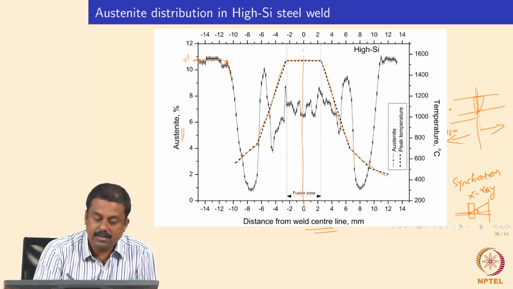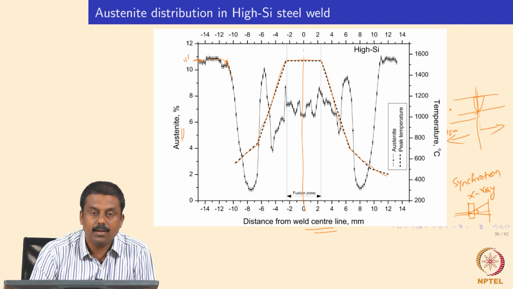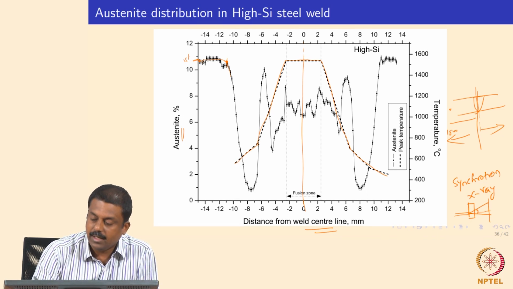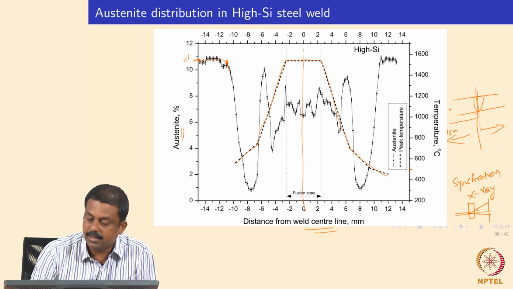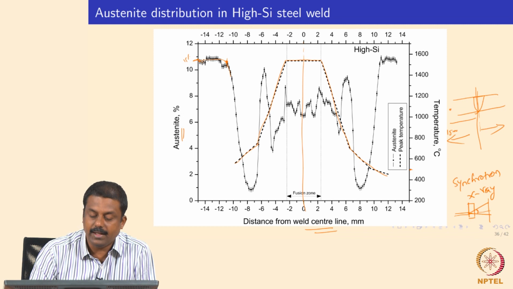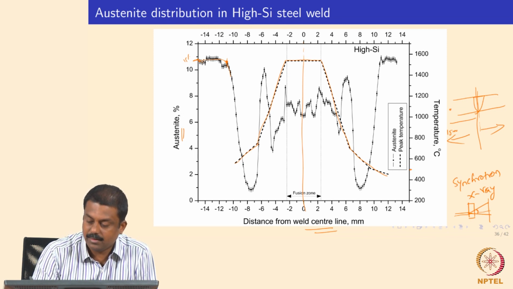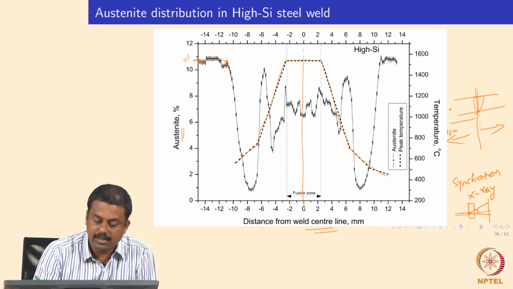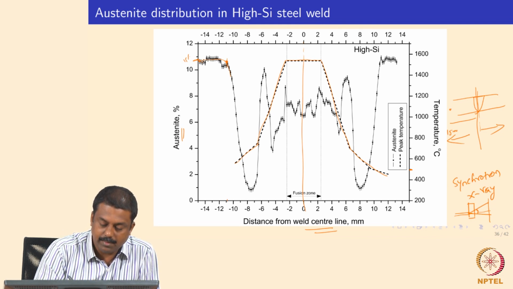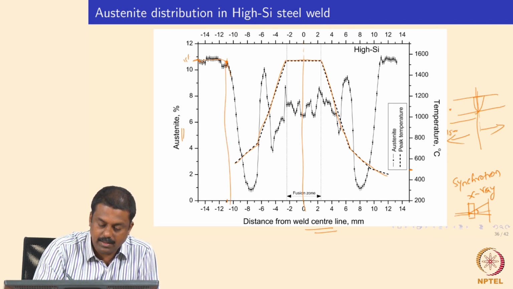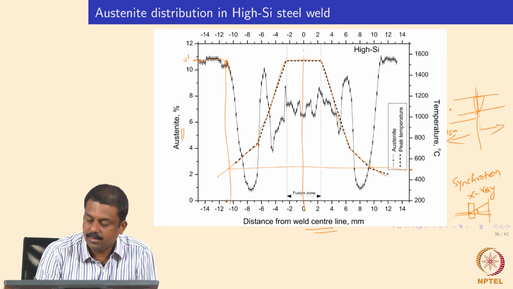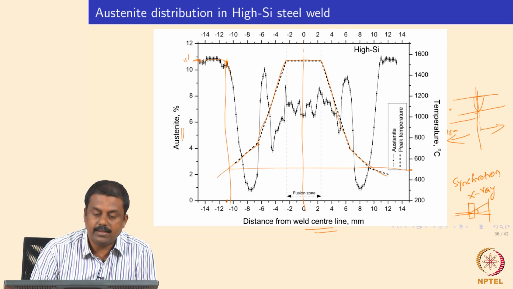Say the temperature at this region, for example around 10 mm from the weld center line, it goes around say 500 degrees centigrade. 11 mm is somewhere over here. If you extend this, it goes to about 500 degrees centigrade.